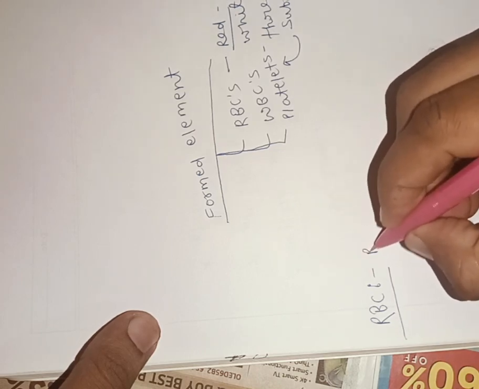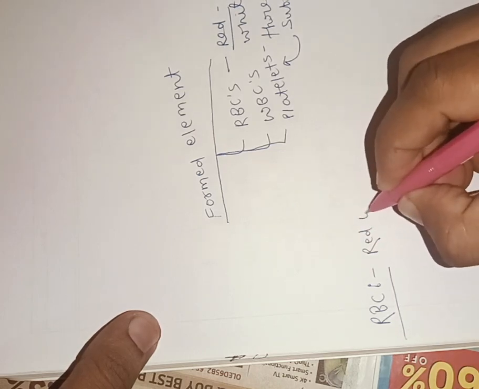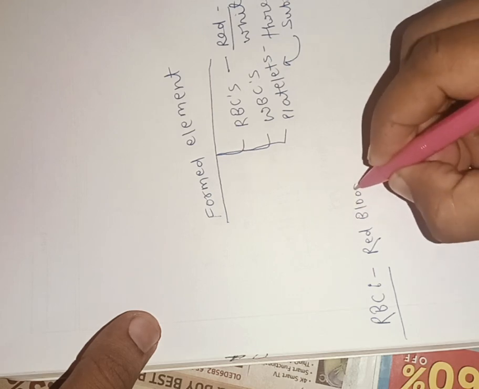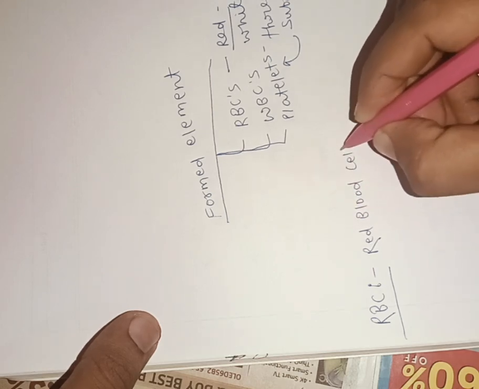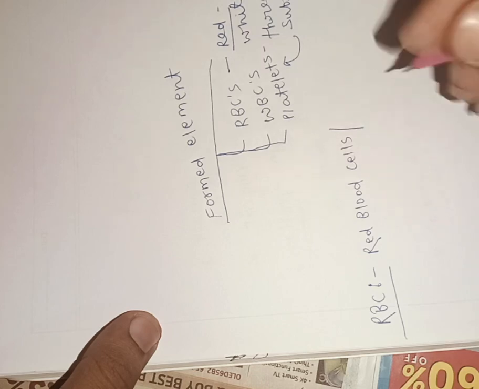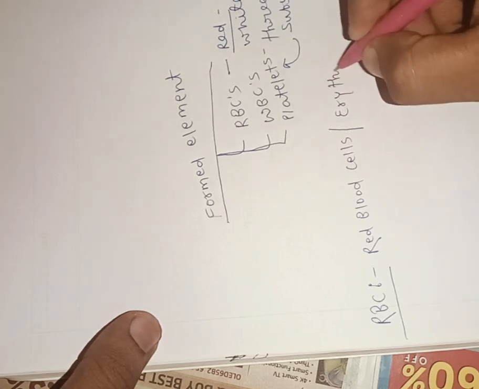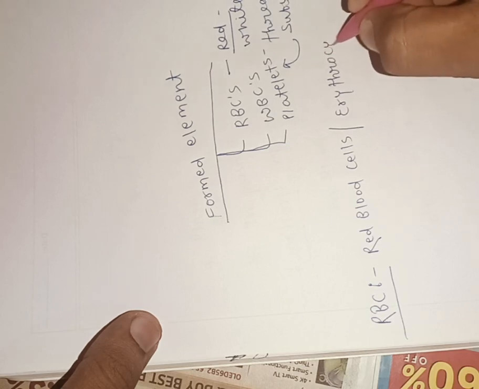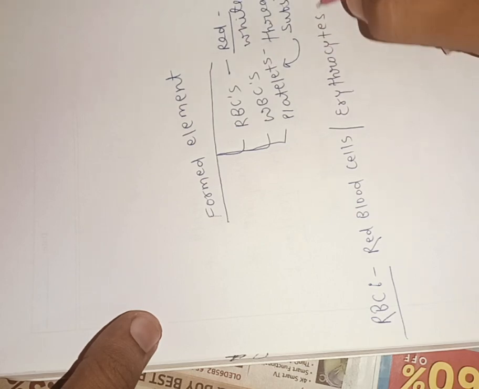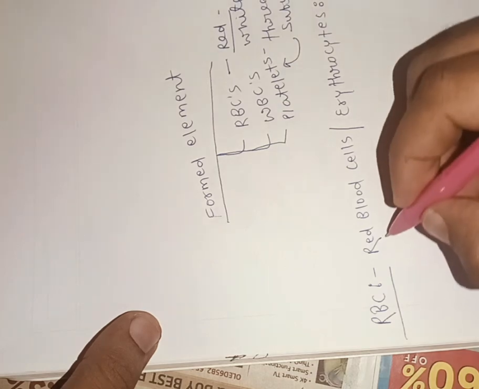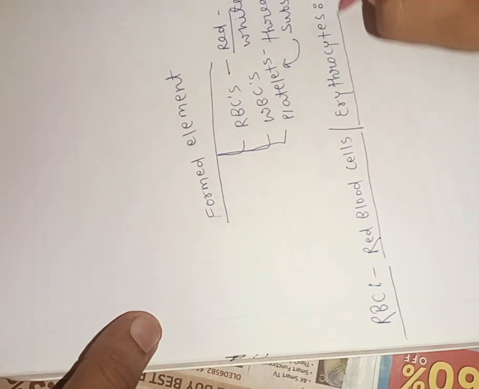Also known as the red blood cells or erythrocytes. Red blood cells and erythrocytes.